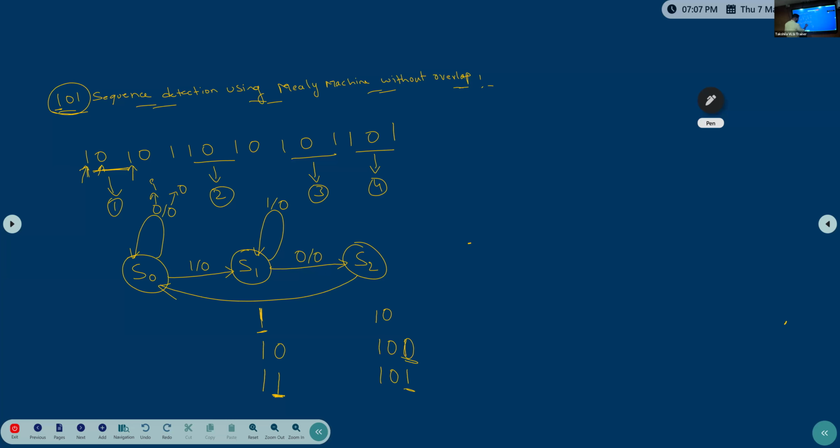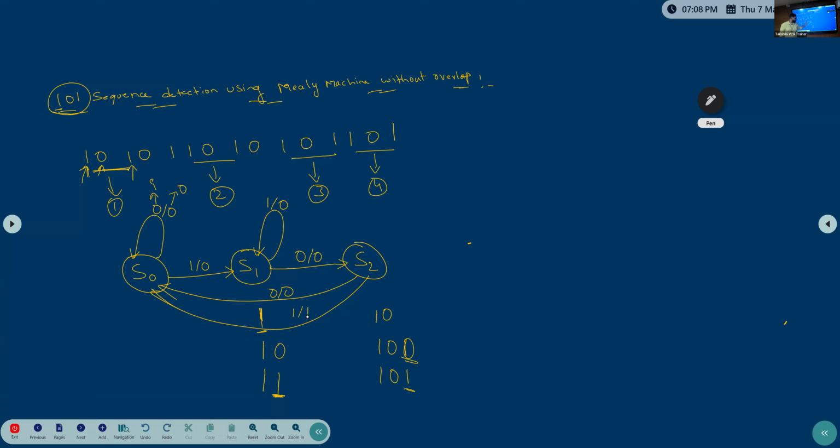Getting 0, output 0. Getting 1, output 1. In both cases you go to the S0 state only. Clear? This is without overlap. Very simple.